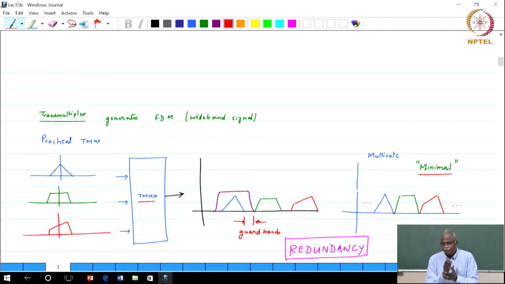It occupies the minimal bandwidth that is required. On the other hand, if you want to have practical filters, we would have to introduce some guard bands so that you can have the filtering, and this is where the notion of redundancy has come in, and we were leveraging this in the last lecture.